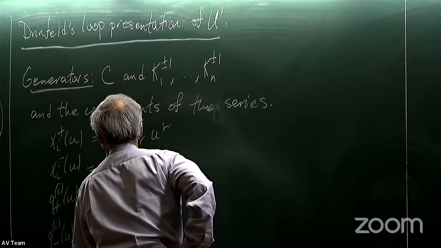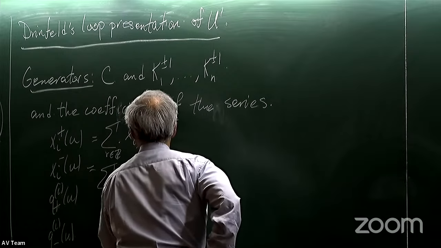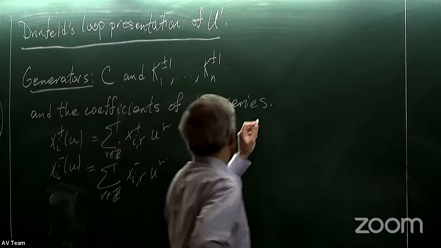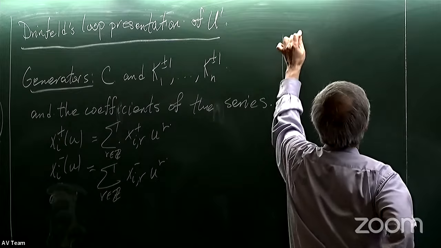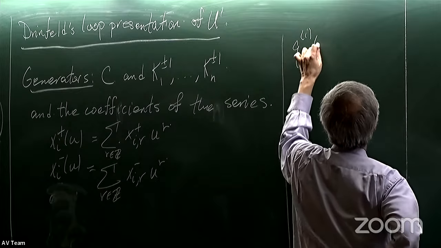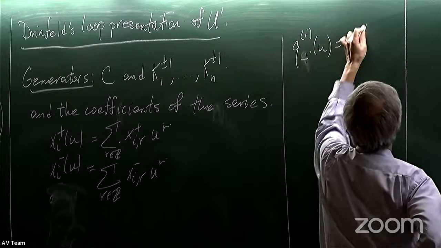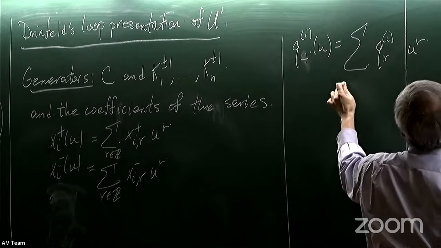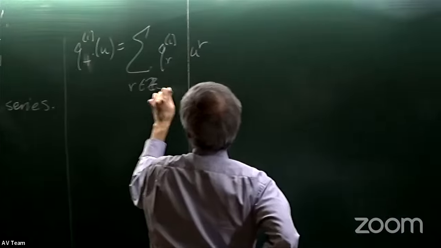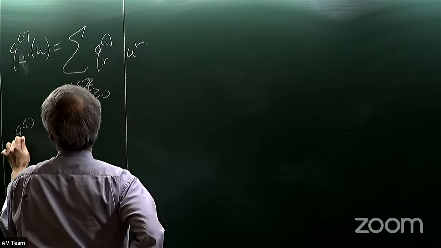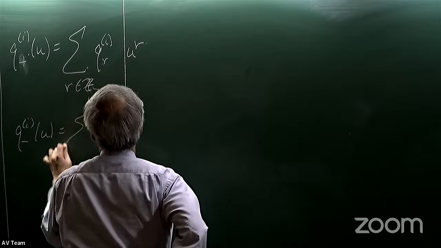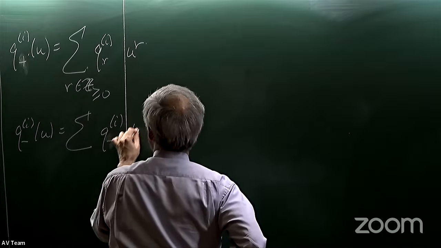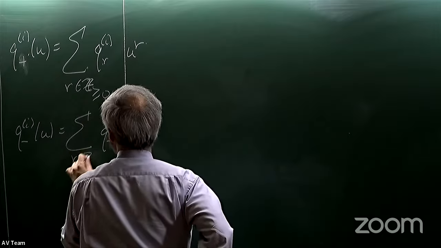Similarly, a sum over r in Z of x_{i,r} minus u^r. And qi plus is going to be the sum of q_{i,r} u^r for r greater than or equal to 0, and qi minus u is the sum of u to the minus r, r greater than or equal to 0.